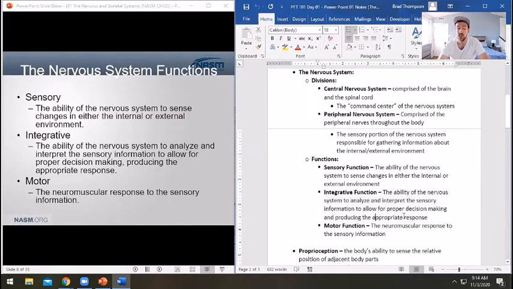This is where your nervous system is figuring out what the appropriate course of action is. If you send sensory information saying, hey, that's really, really hot, your brain's going to go, okay, the last time I touched something really hot, we ended up with a scar on our hand, so I'm going to say let go. That's the integrative function.